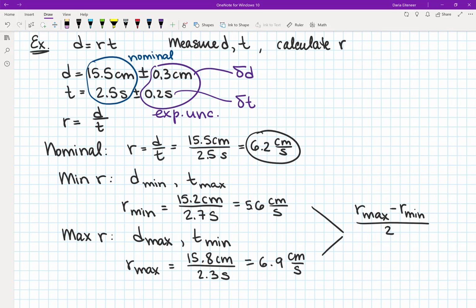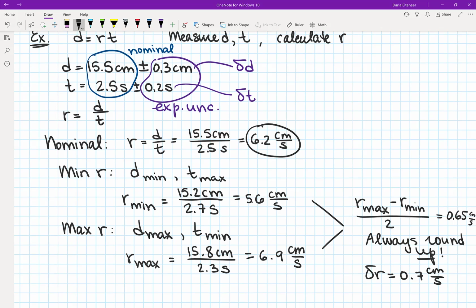If I actually did this, I got 0.65 centimeters per second, of course. But that's not really good because it doesn't agree in sig figs. So for uncertainty, always round up if you have to round. I'm going to report the uncertainty in R here as 0.7 centimeters per second.